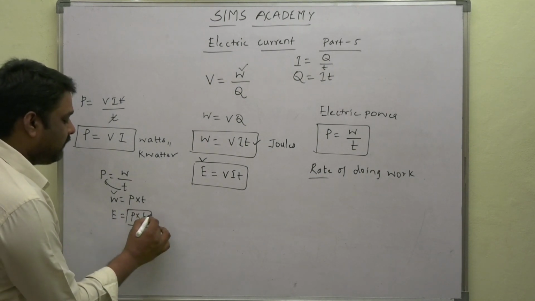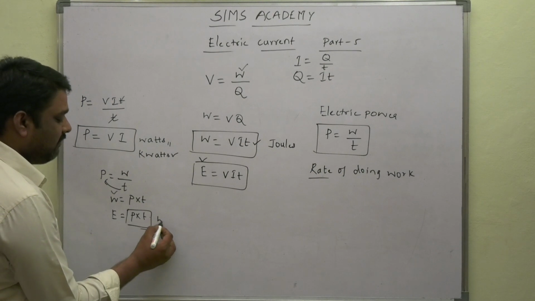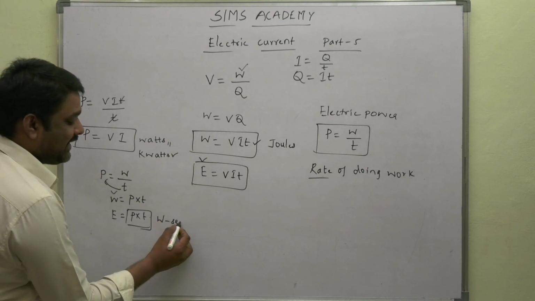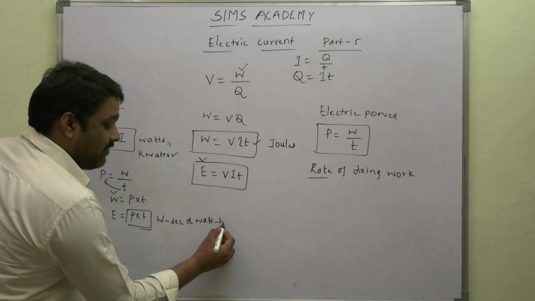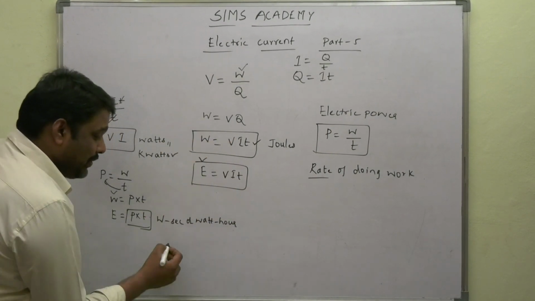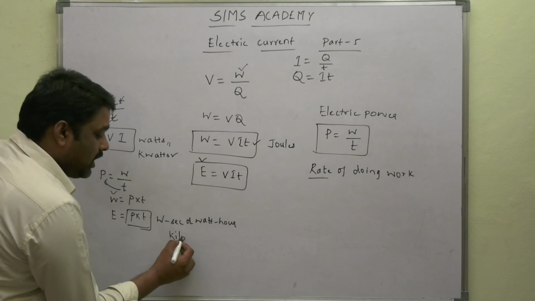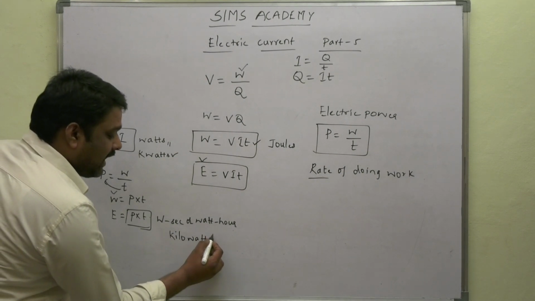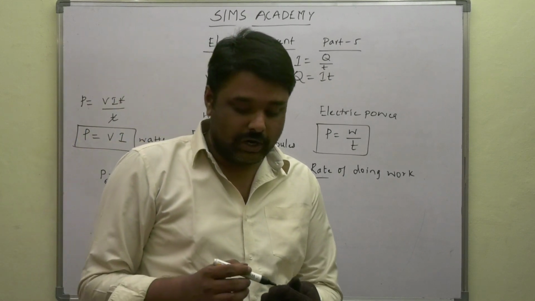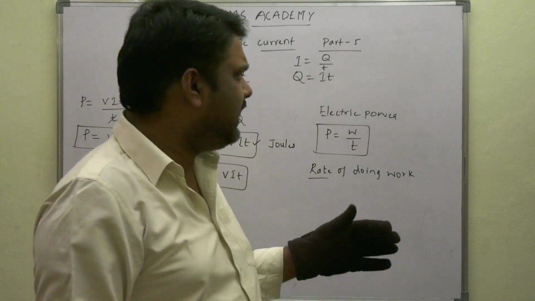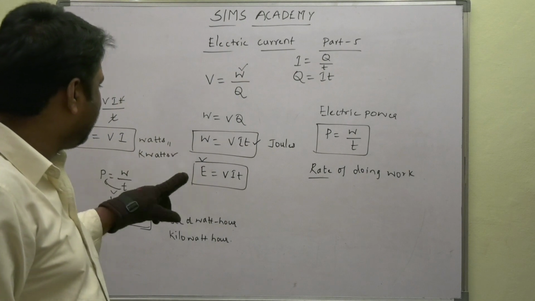Now, what are the units for electrical energy? Here, we can mention it as watt second or watt hour. In higher units, we mention it as kilowatt hour. Got it? This is about electrical energy.